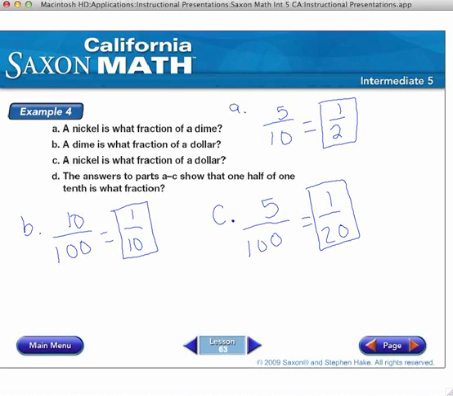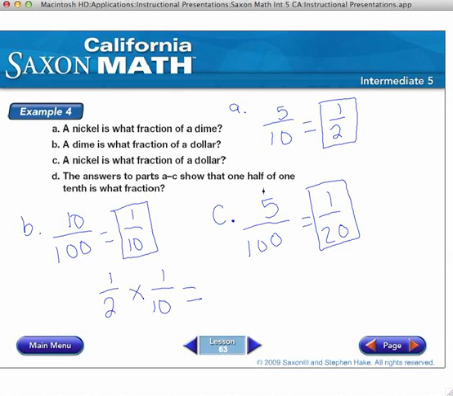So the answers to parts A through C show that 1/2 of 1/10 is what fraction? All right, so we're going to take 1/2 times 1/10 equals what? So this shows that a nickel is half of a dime and a dime is 1/10 of a dollar.